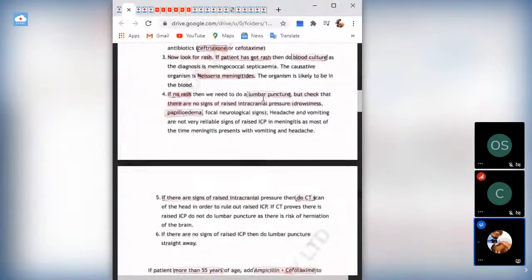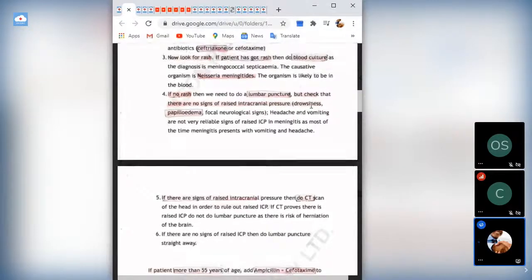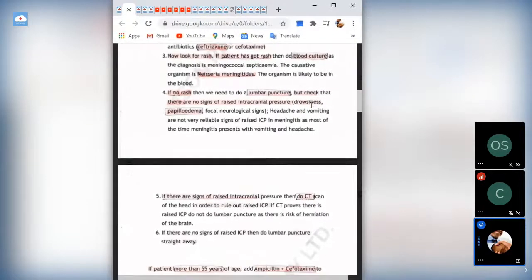When you look into the eyes, that's very classic. Then when you see anisocoria, when you see that the pupils are unequal, it also gives you an idea that there may be raised intracranial pressure. Okay, and things like drowsiness, altered sensorium, generally coming with meningitis, give you an idea that there may be raised intracranial pressure. Right?